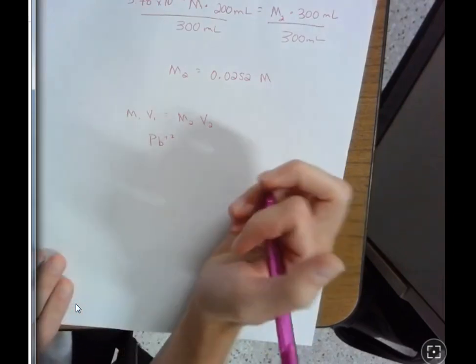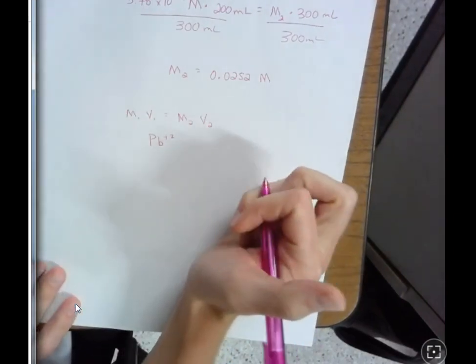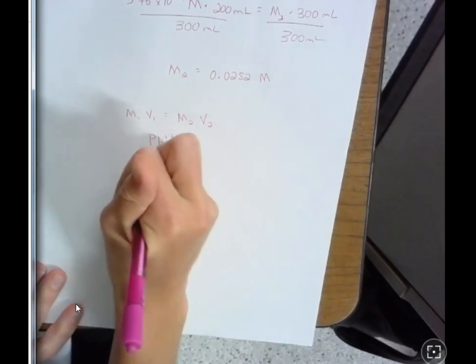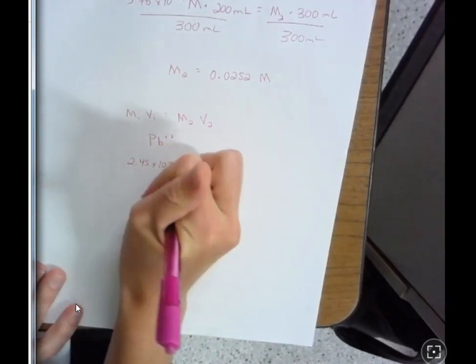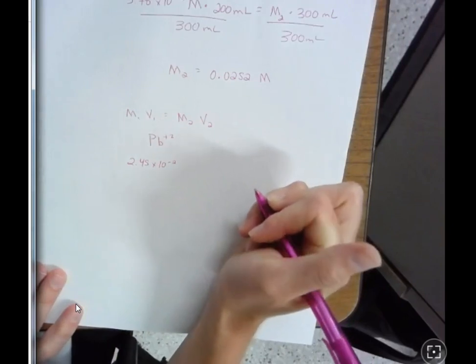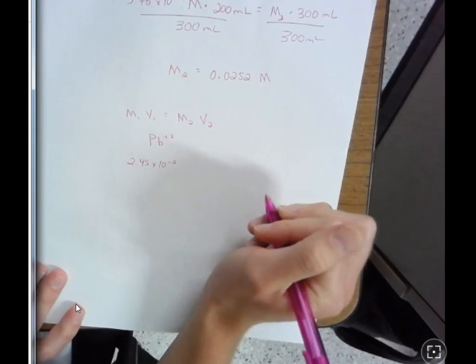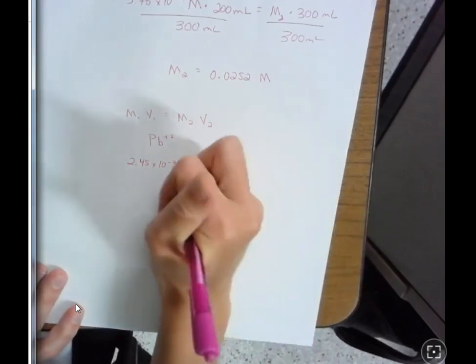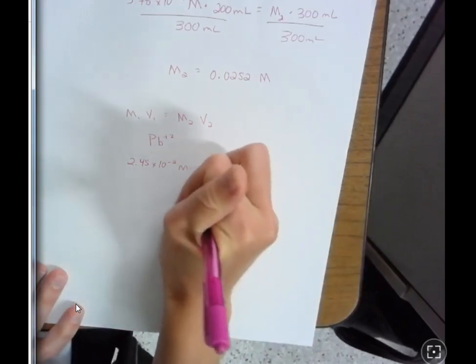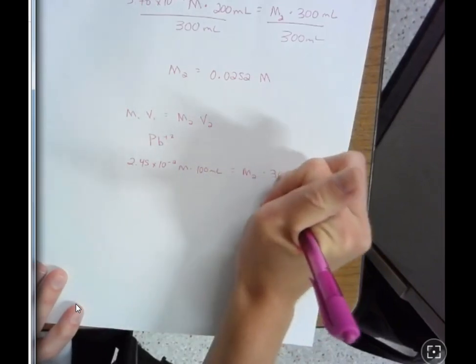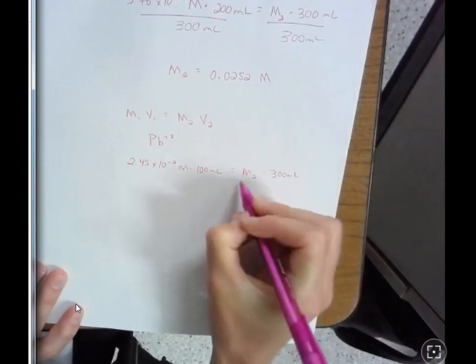Now to calculate the lead concentration in the solution, originally its concentration was 2.45 times 10 to the negative 2 inside the lead nitrate. Lead nitrate has one lead in it, so the concentration of the lead would be the same when that dissolves, and that was in 100 milliliters of that solution. We need to know the concentration now that we have a total of 300 milliliters.